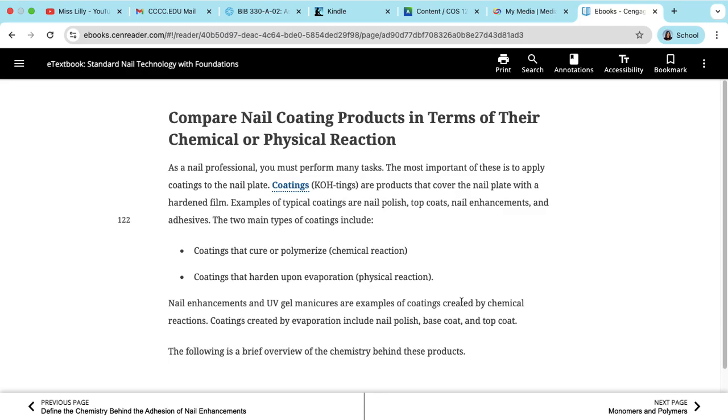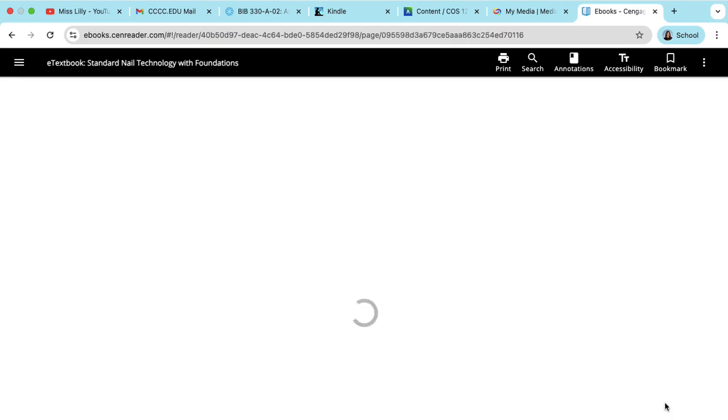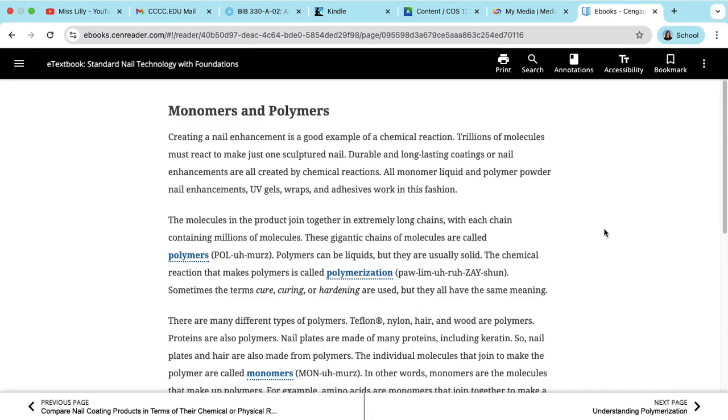Coatings that cure by polymerization are chemical reactions, and coatings that harden upon evaporation have a physical reaction. We have two main coatings: monomers and polymers.